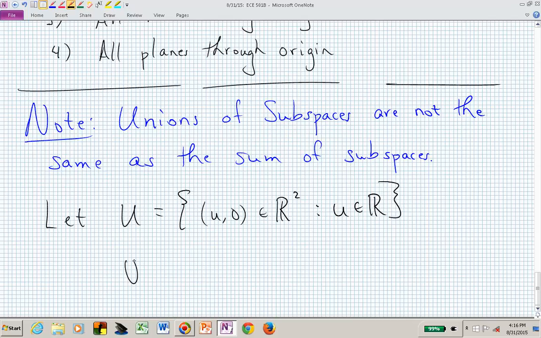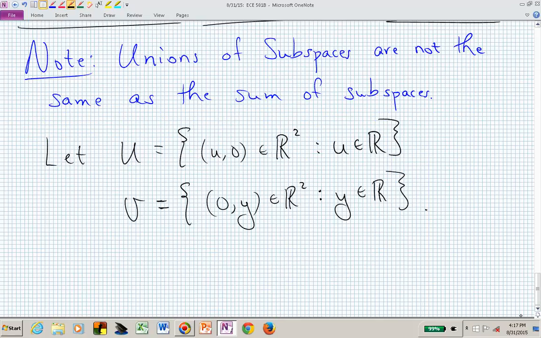And let's let V have non-zero second coordinates. And I'm trying now to distinguish between the union of U and V and the sum of U and V.